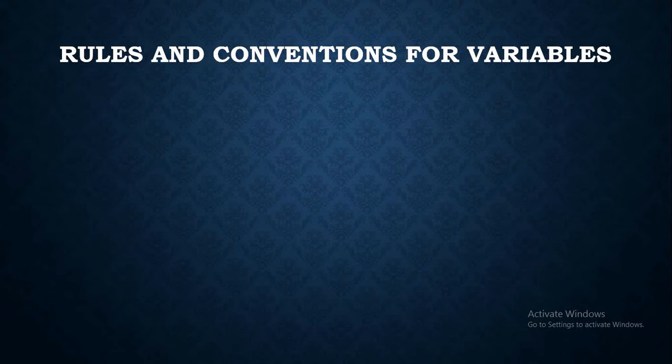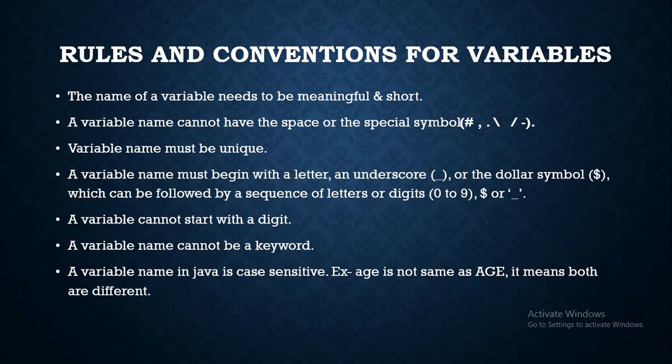Rules and conventions for the variables. The name of the variable needs to be meaningful and short. Definitely, whatever variable name we are giving in a program, that variable name should be short and meaningful.